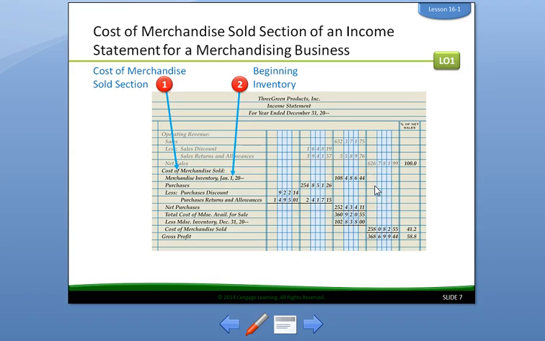And then, underneath that, we're going to write the purchases subsection right here. So purchases, everything you've purchased since January 1st, less your discount and your purchases returns and allowances. Add these two items up, write them here, and then subtract these two items and write them there.